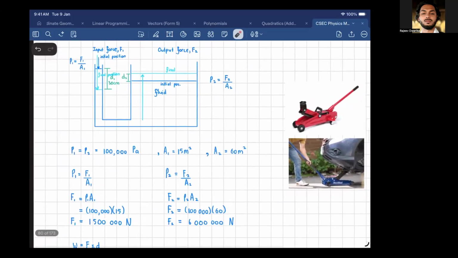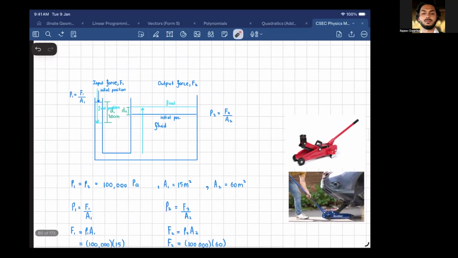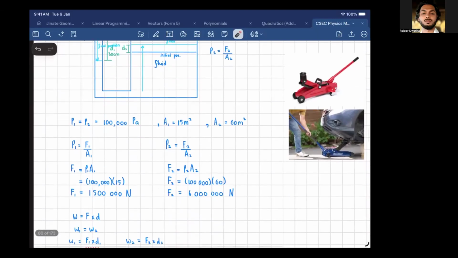Jadon, what we're trying to find here is the force that would be felt on the other plunger. If you apply a force here, the other plunger would experience an upward force. That makes sense? Yes, that makes sense. So we're trying to figure out what that force is, the output force.